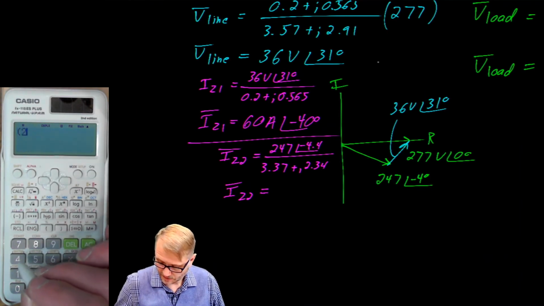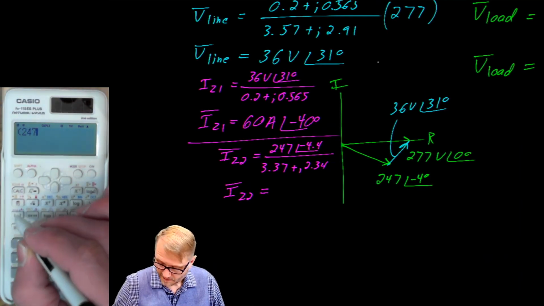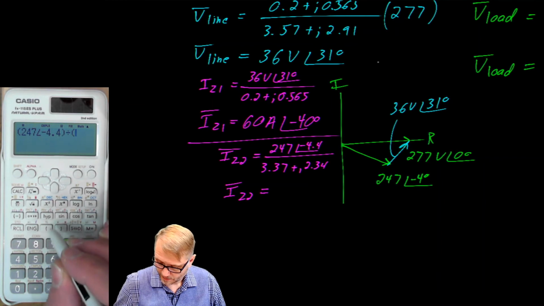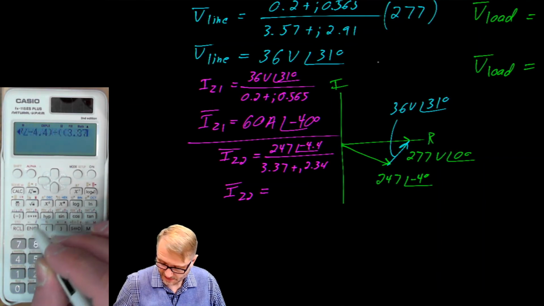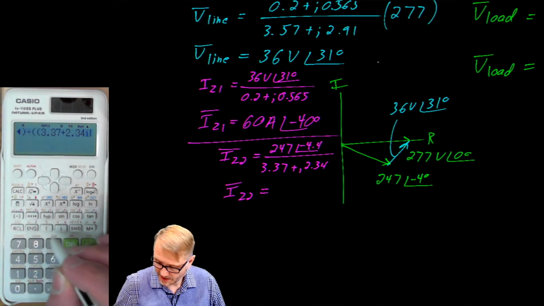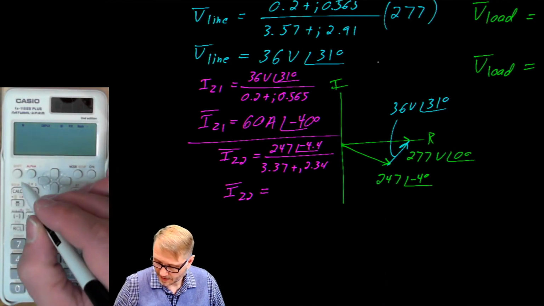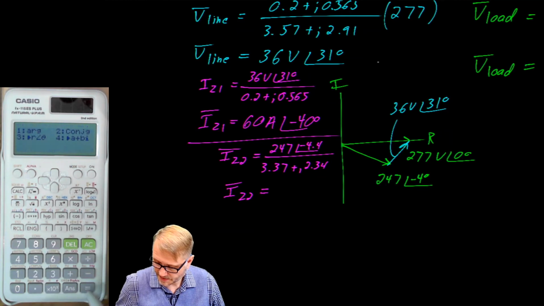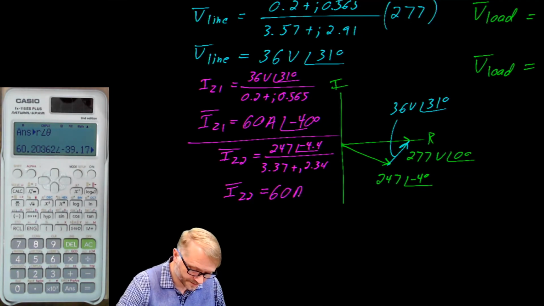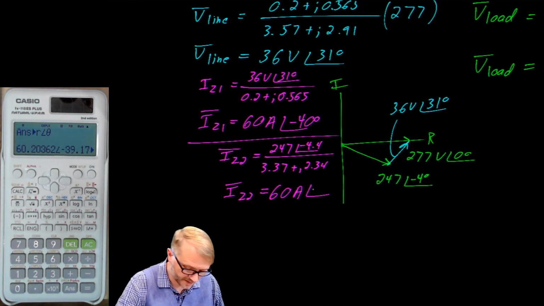(247 at phase angle -4.4) divided by (3.37 + 2.34j), and the answer is the same, 60 amps at a phase angle of -40 degrees.